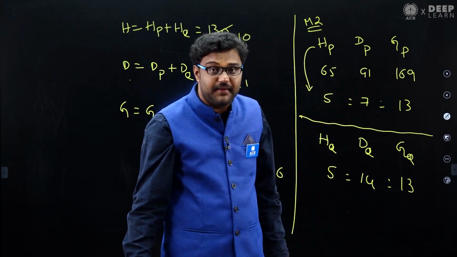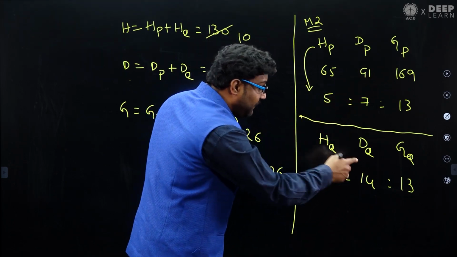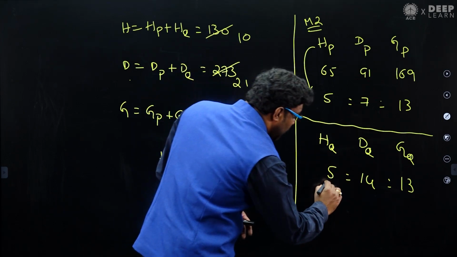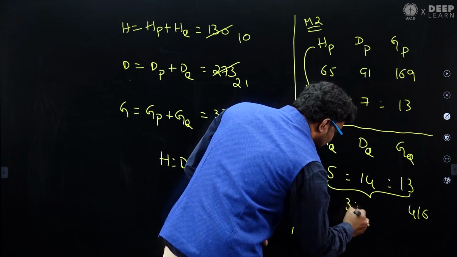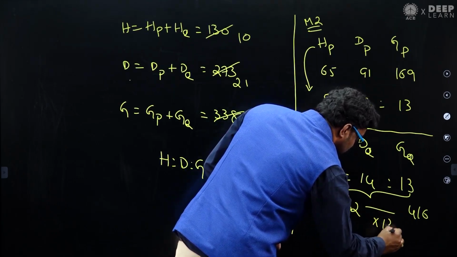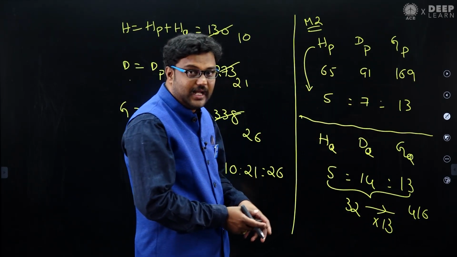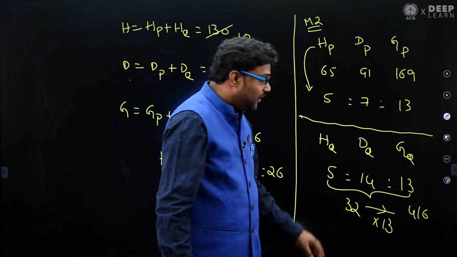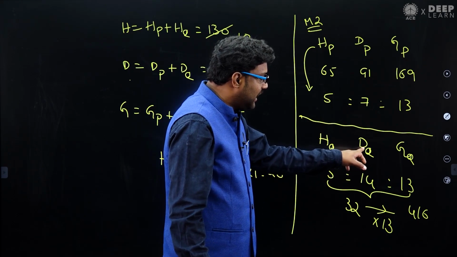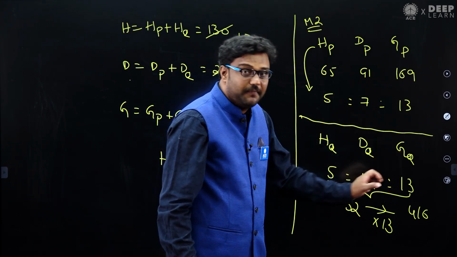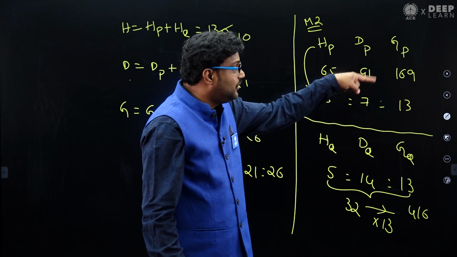This ratio is 5, 7 and 13. Here the ratio is 5, 14 and 13. But if you want the total 416, you are multiplying with 13, right? Every term we should multiply with 13 to find how many hens, ducks and goats from form Q. Here also this is into 13, right?